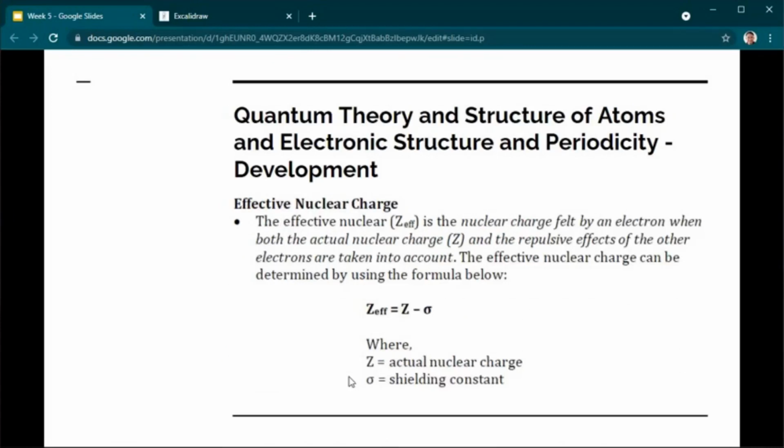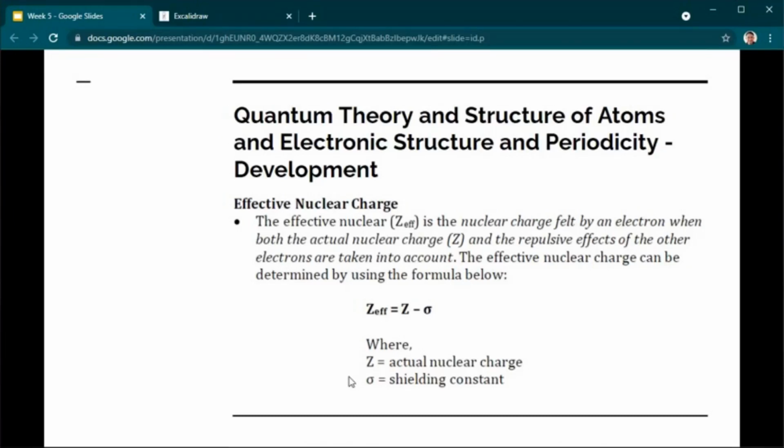First is the effective nuclear charge, or Z sub eff, which is the nuclear charge felt by an electron when both the actual nuclear charge and the repulsive effects of the other electrons are taken into account.